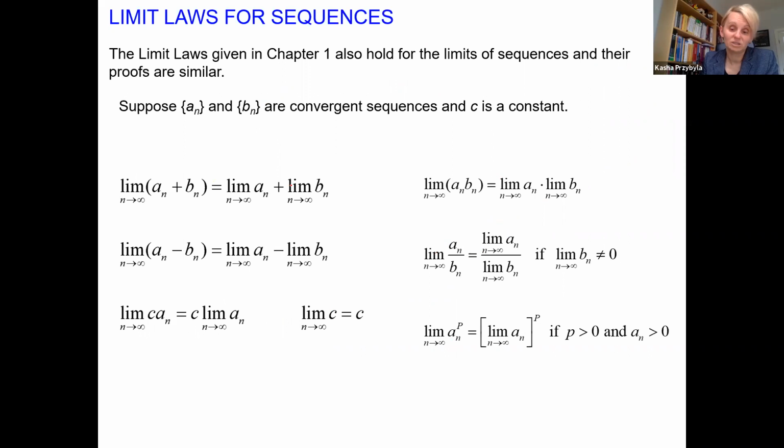The limit of a sum is the sum of the two limits, the same for the difference, constant, product, quotient, power. The limit of a constant is the constant. We will adopt exactly the same properties. What is interesting is that we may even adopt the L'Hopital rule. I can show you.